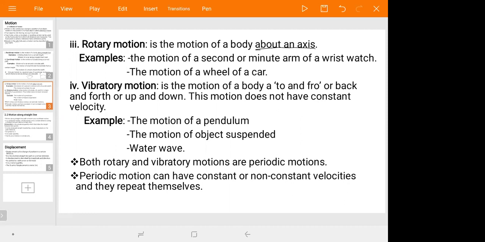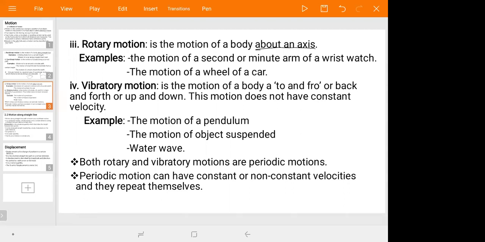For example, take the motion of the second or minute arm of a wristwatch. It rotates about an axis, with no change of position from the axis.